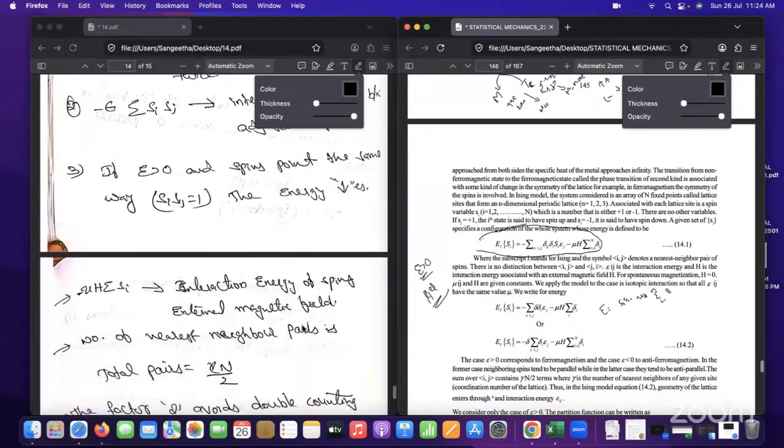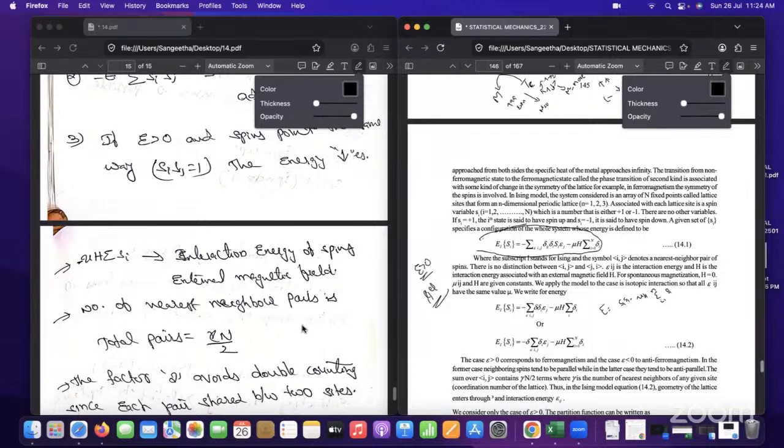Next, the third variable is the interaction with the external magnetic field. So this third term is in the presence of an external magnetic field: mu H times the sum over i equals 1 to N of S_i is in the presence of an external magnetic field. Using this, what is written here?